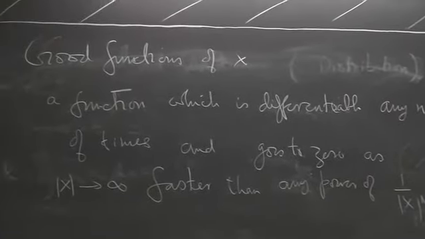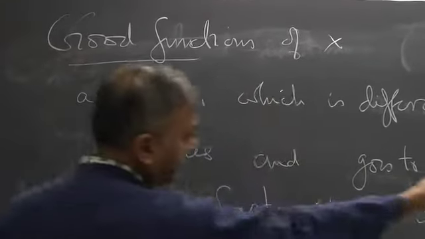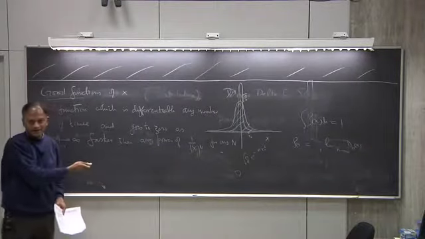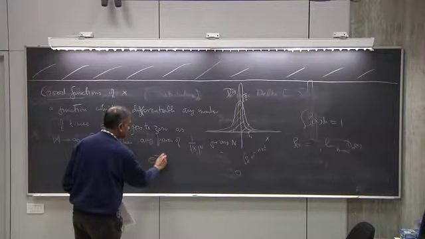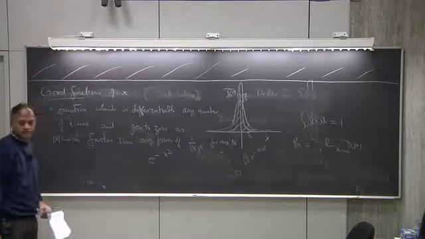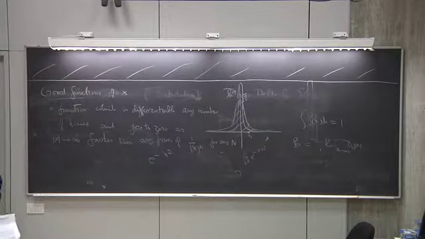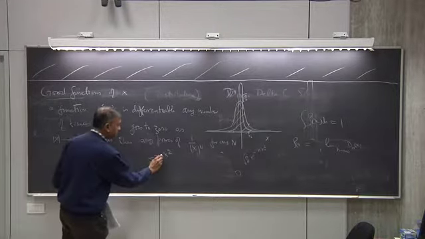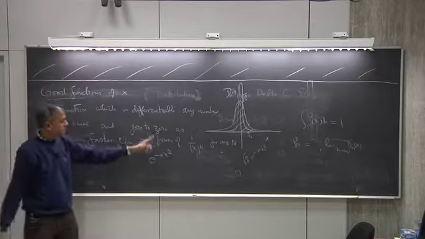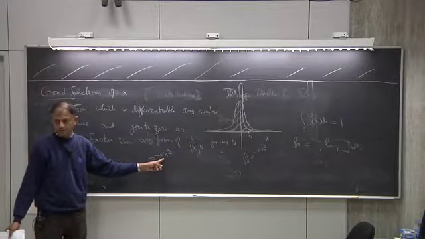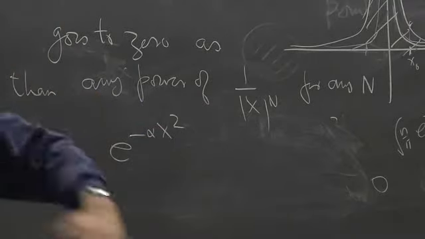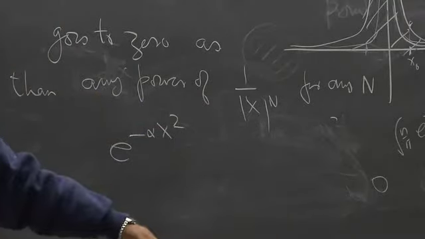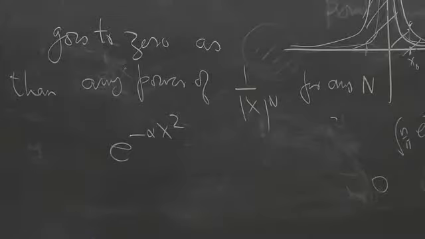The example, in fact, is this Gaussian, e to the power of minus alpha x squared. This is an example because it is differentiable any number of times, and it goes to 0 as x goes to infinity. It's exponentially suppressed, so it goes faster than any power of 1 over x.